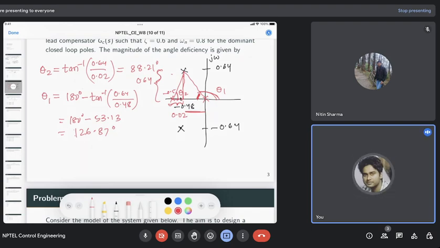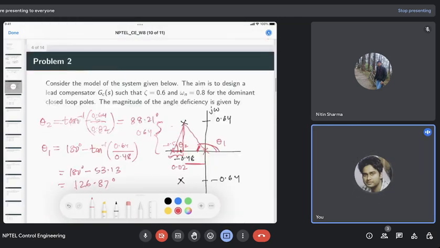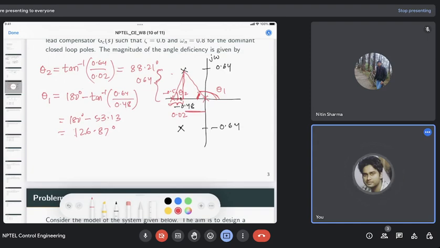Then the total angle contributed by this plant at the dominant pole will be the addition of these two angles, so it's approximately 215.08 degree.